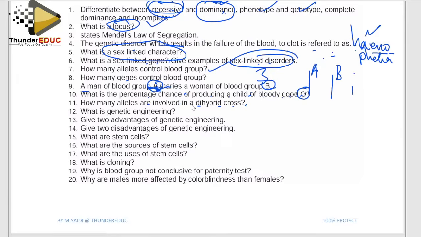In this case, we are looking at how many alleles? There are two, because they say dihybrid. Actually, no. How many alleles? They're supposed to be four.